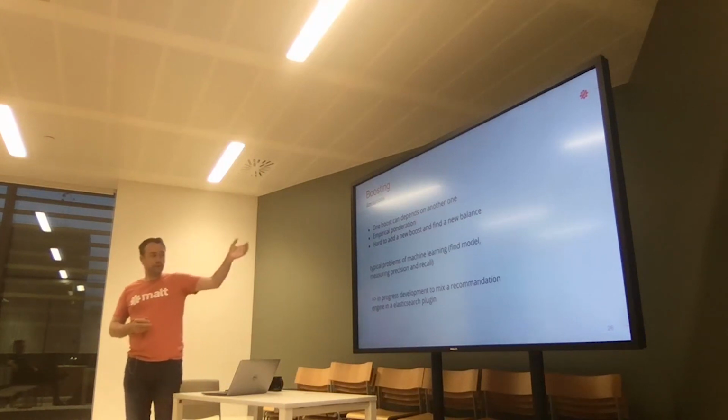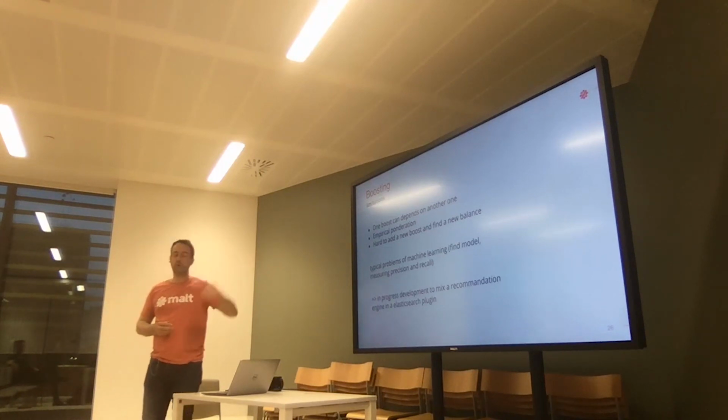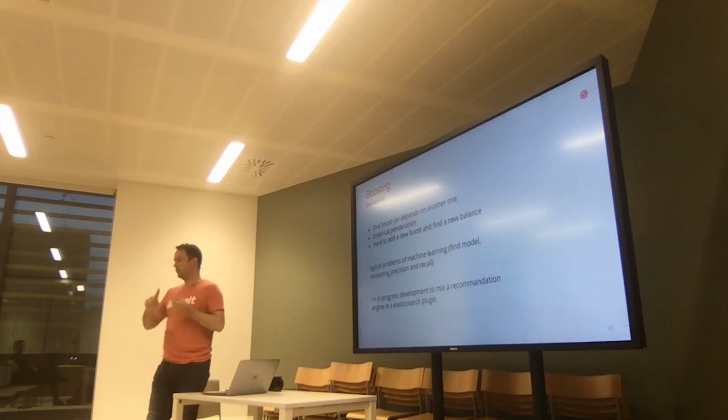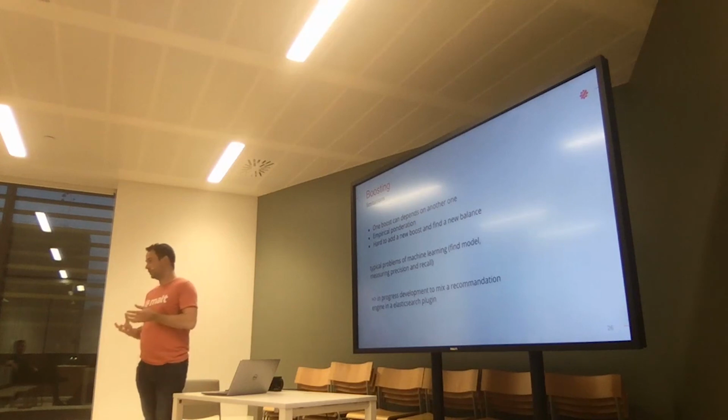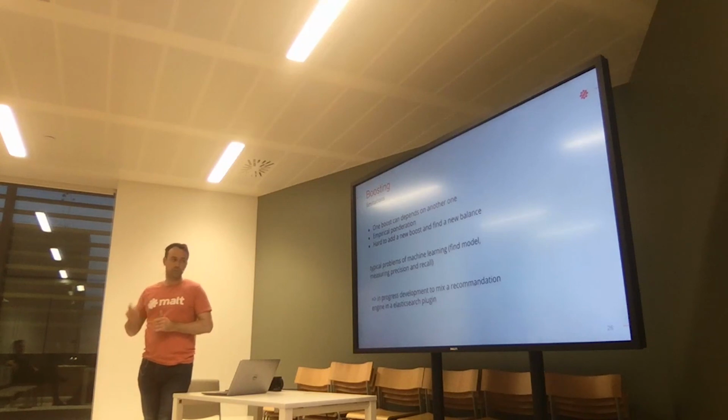And if you think about it, that's a typical problem of machine learning: finding the weights of every parameter in your function and measuring the precision and the recall of your new function. So that's why we are currently developing a new plugin over Elasticsearch to do the scoring outside Elasticsearch.